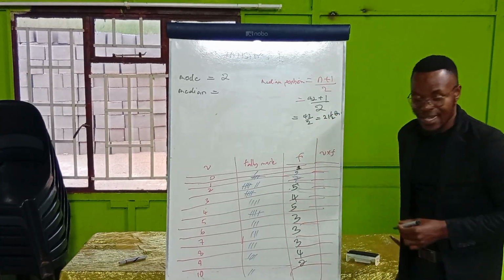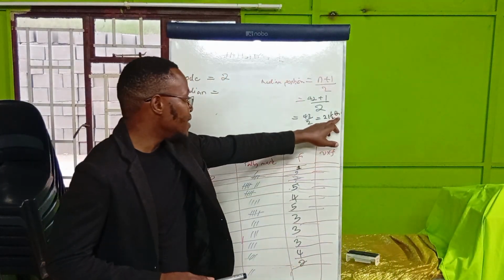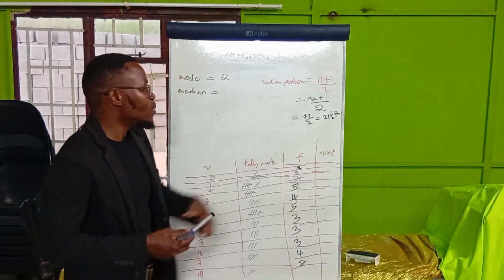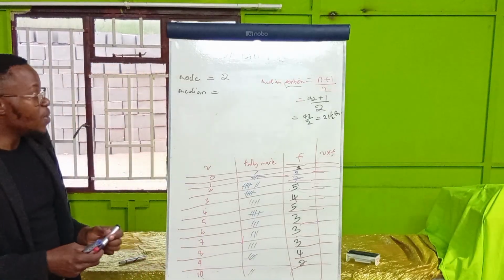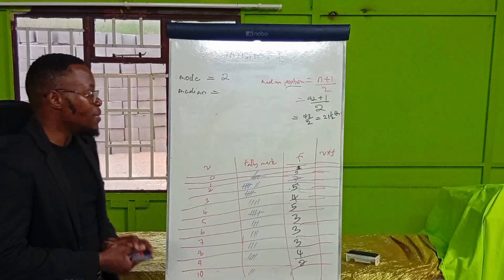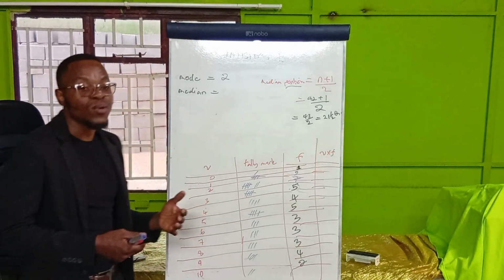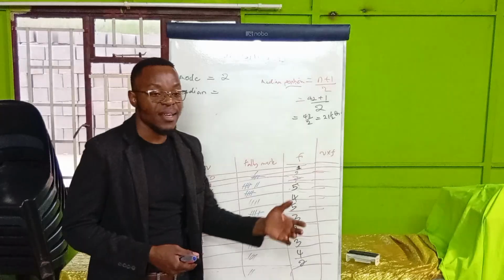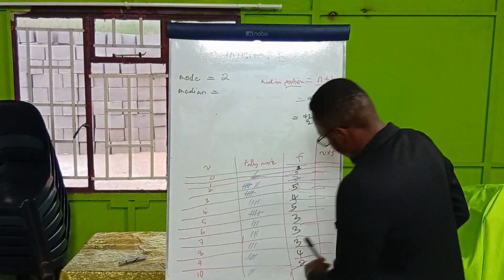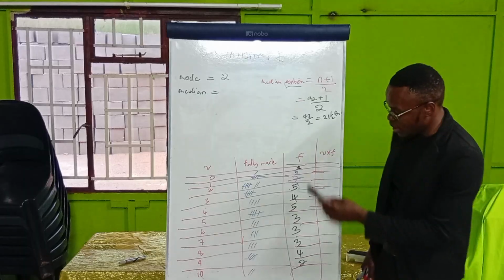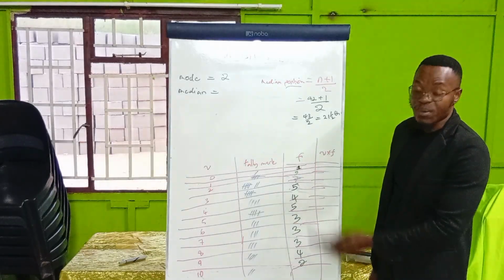Now this is not the answer, which is why you should write the median position there, because this is a position. This means the median is in position 21 and a half. So you go and look for position 21 and a half in your frequency.